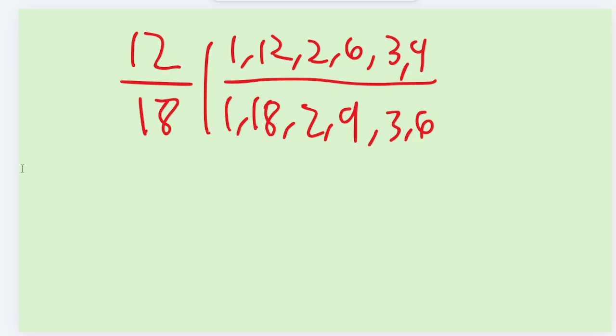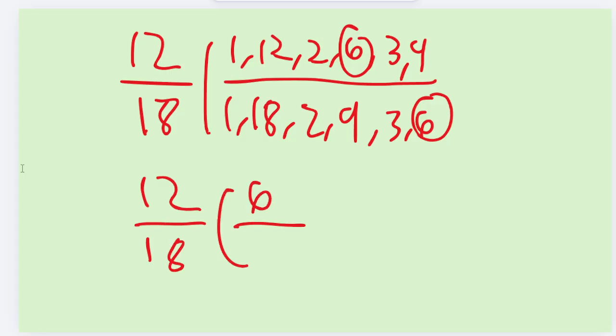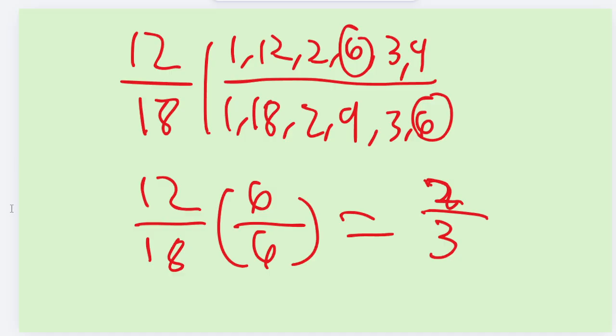Looking back into it now, we can see that 6 is the greatest common factor between them. So you can divide both the numbers in the fraction, which are 12 over 18, by 6 for the 12 and 6 for the 18, right? The greatest common factor. And this simply simplifies it into 2 over 3. Okay, catch that?